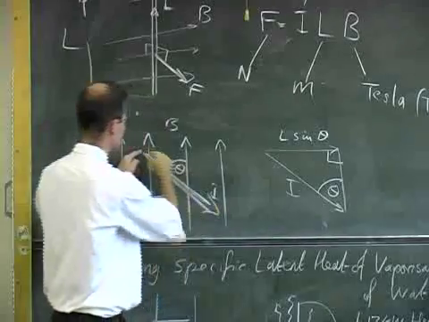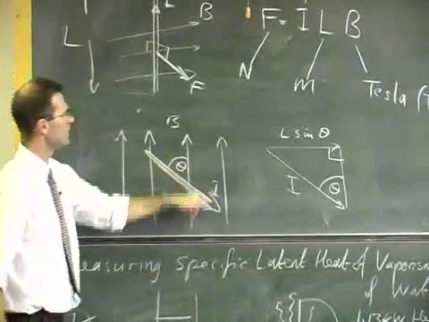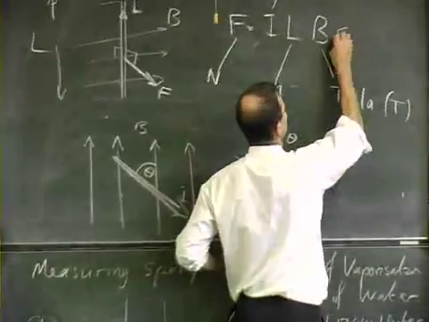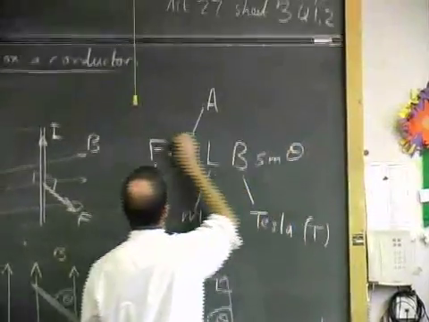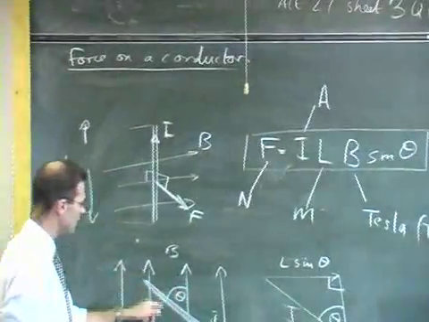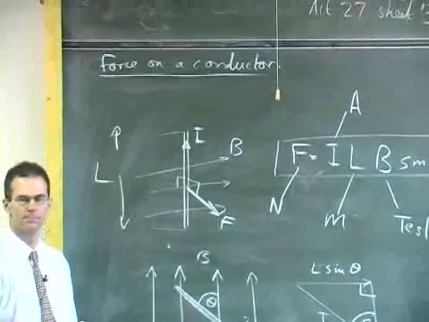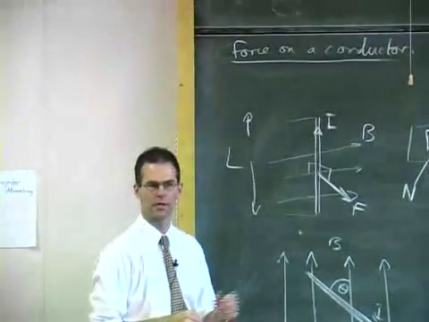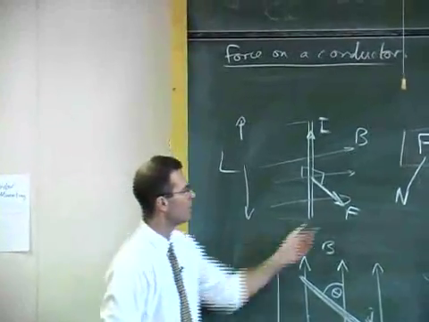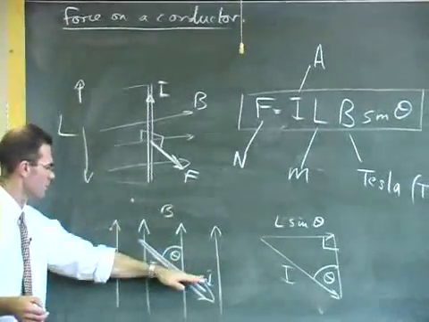So the effective length which is cutting across there is L sine theta. So we actually end up with the full equation for this is ILB sine of theta if there is an angle between them. If the angle between them is 90 degrees, what does the equation become? What's the sine of 90? Just ILB, yes. So it works for any angle, including the angle where that's perpendicular.